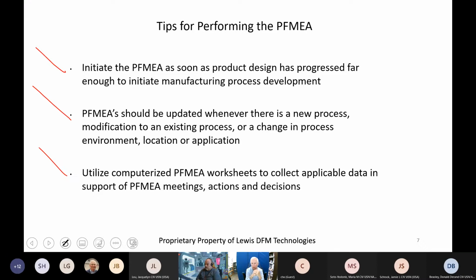Utilize computerized PFMEA worksheets to collect applicable data in support of PFMEA meetings, actions, and decisions. And that's something that's really important because it creates a paper trail of the thought process that we went through. What did we look at? What did we think about? How did we rate the probability of a failure, or a probability of occurrence?